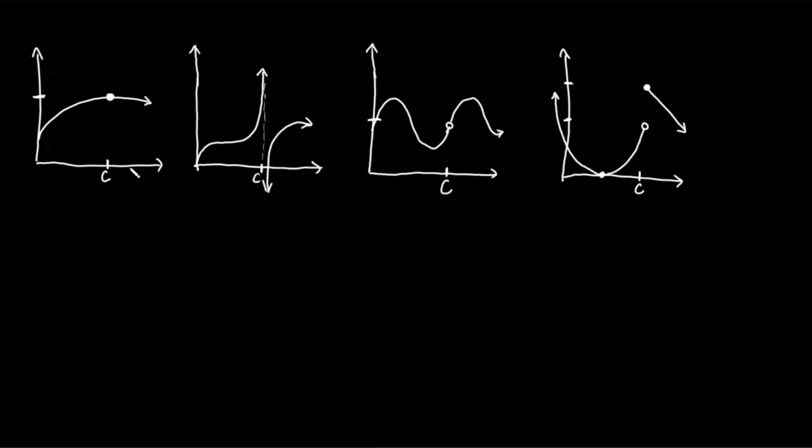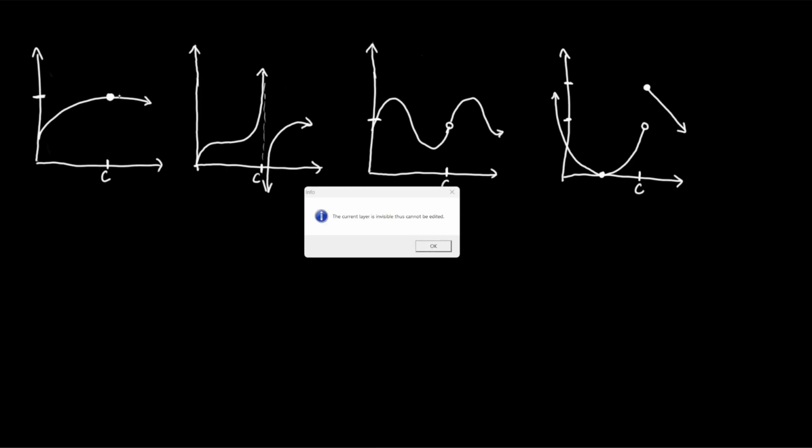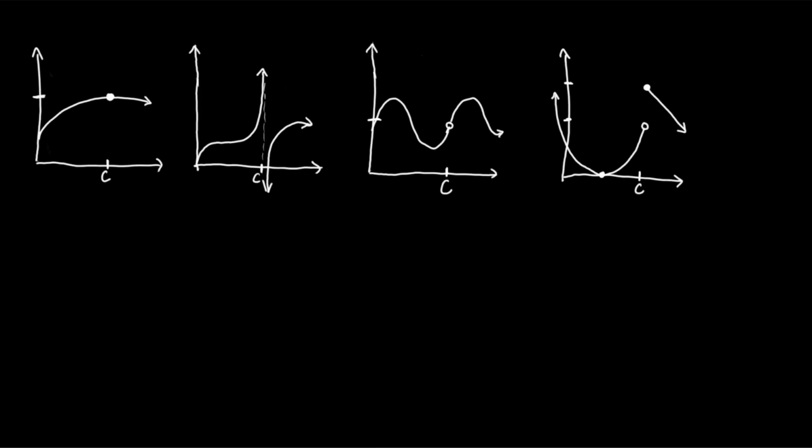If we look at what's happening as we approach c on this first graph, for instance, it looks like we're reaching some value, and I'll call this value L. So I would say the limit as x goes to c of f of x is L. I'll say this function is f.